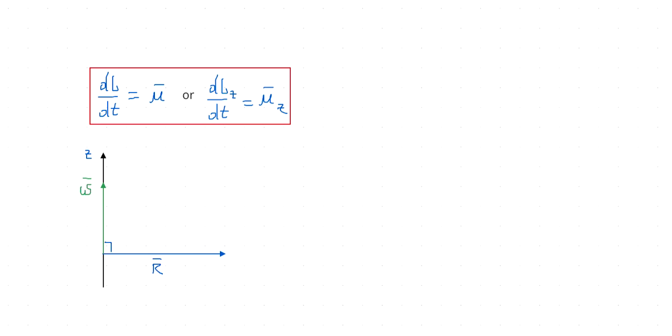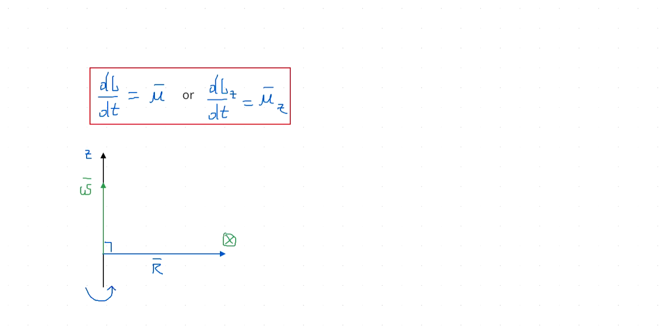So in this case, the direction of rotation can be shown with this arrow, and the direction of velocity is here. This is perpendicular to the screen, and it is from us to the screen.